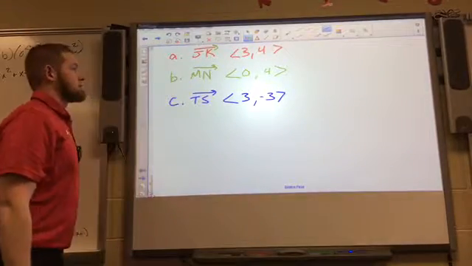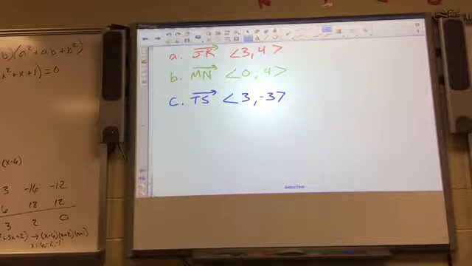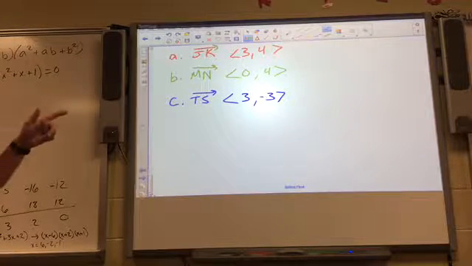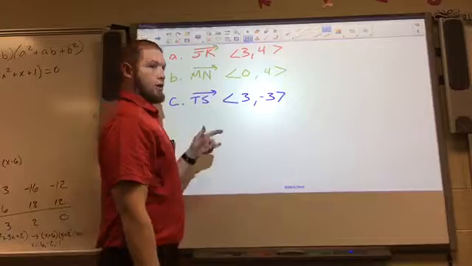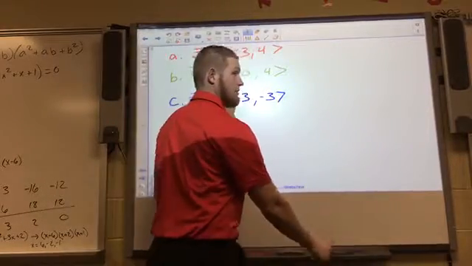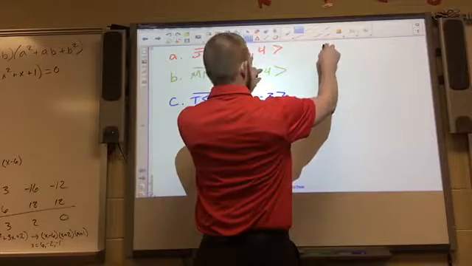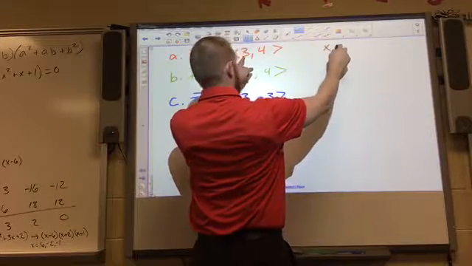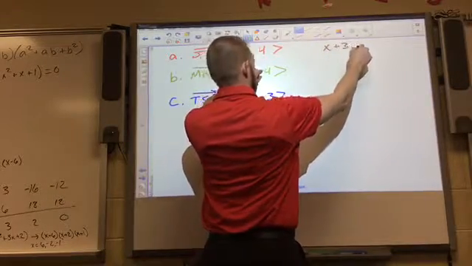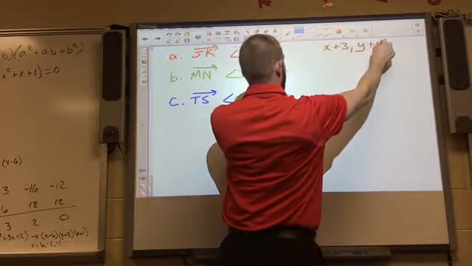Make sure if you go left, it's going to be negative, and if you go down, it's going to be negative. Now, should I be able to take all 3 of those and write it in coordinate notation? Yeah, this should be x plus 3, y plus 4.